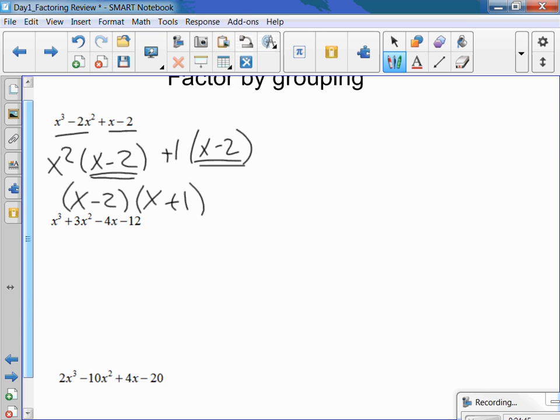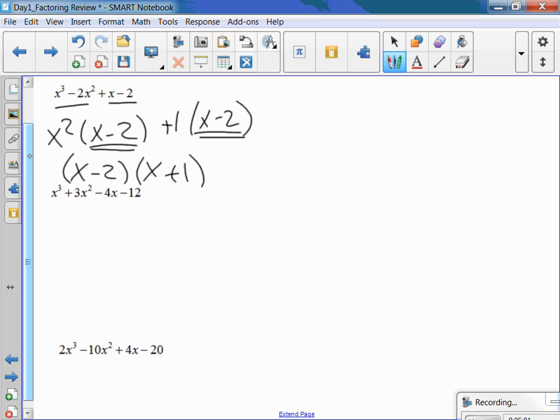This next one, we have x cubed plus 3x squared minus 4x minus 12. What can I do here? Looking at these guys. Absolutely. Once again, there's an x squared in common.